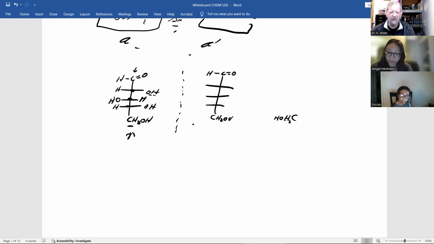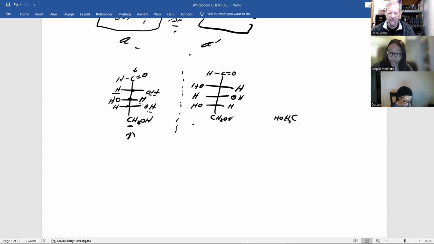So the hydroxyl group here is closest to the mirror, and that's what you'll see first in the reflection. The hydrogen is farthest away. Next carbon. This hydrogen is close to the mirror. Hydroxyl group is farthest away. And the final carbon here, OH, is close to the mirror.